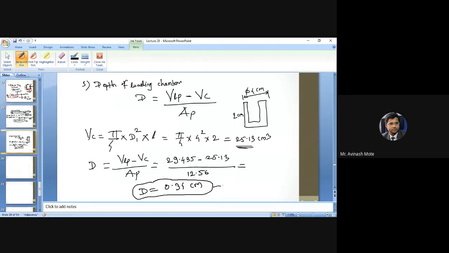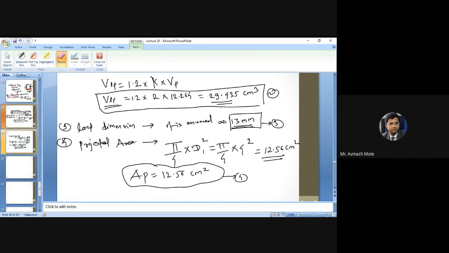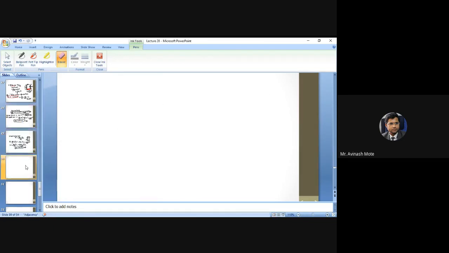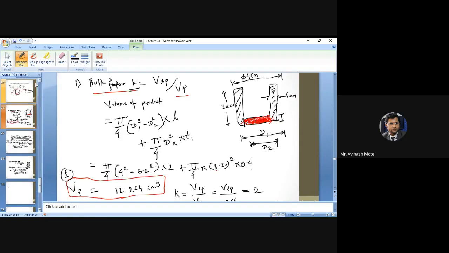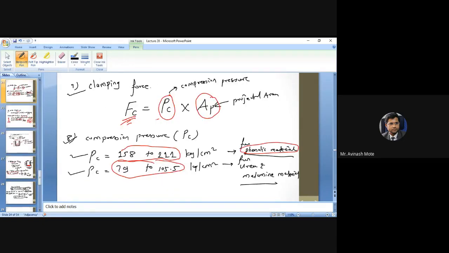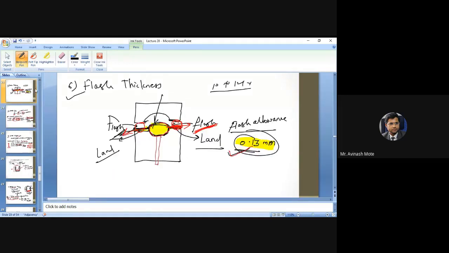This is the fifth number, right? So land dimension, projected area, depth of loading chamber. Sixth one, same direction we are going. What is sixth one? We will check once again in our description. Compression force, flash thickness, same number, sixth one, flash thickness.